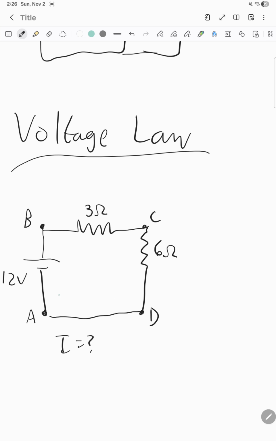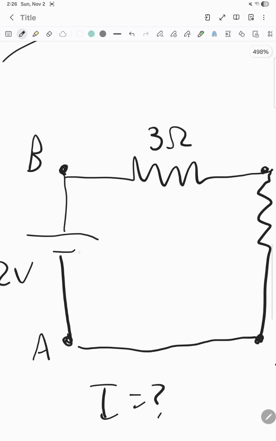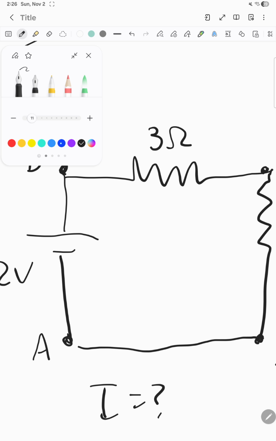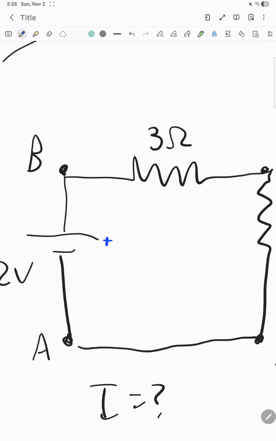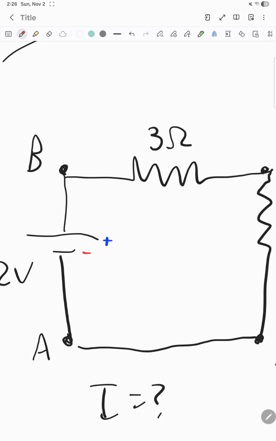And this is important. So this is negative and this is positive, so we already know that. When you have a current going from negative to positive, that is positive.